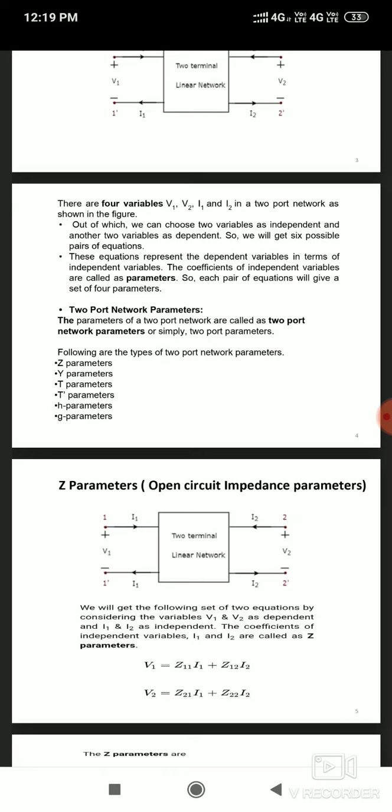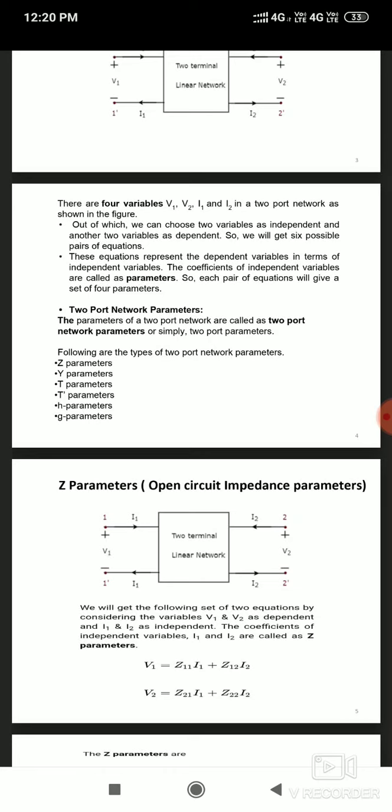So V1 and V2 act as independent, and I1 and I2 act as dependent. In that case we will get the Y parameters. And suppose in the third one, I1 and V2 I am taking as independent, while V1 and I2 act as dependent. In that case we will get the third parameter. Which parameter will that be? H parameter. Do you understand?